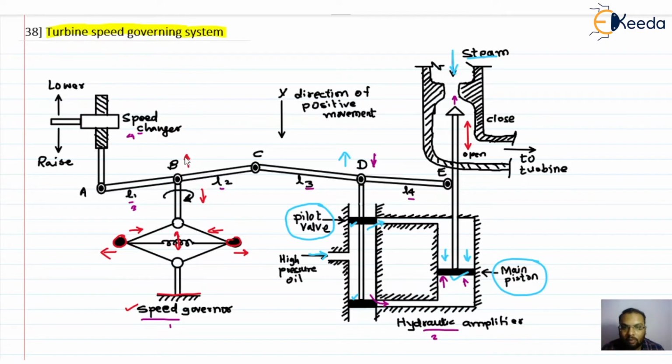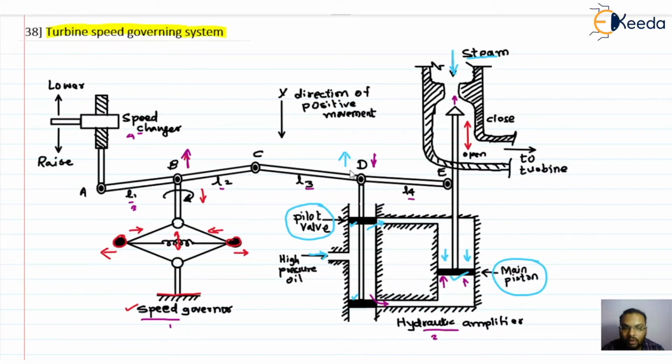Suppose it moves upward. If it is moving upward, it means there is a reduction in the speed. As the speed reduces, the two fly balls will move inward, this distance increases, and due to that, point B goes upward.